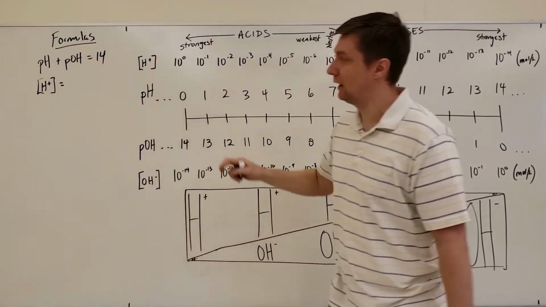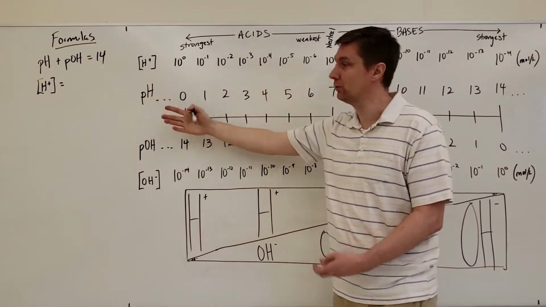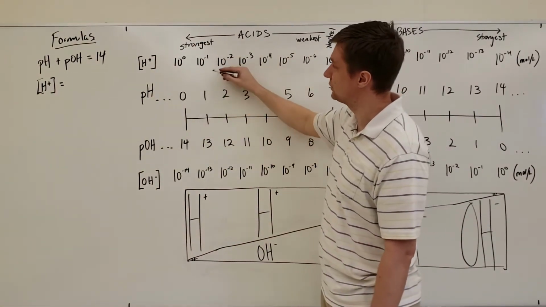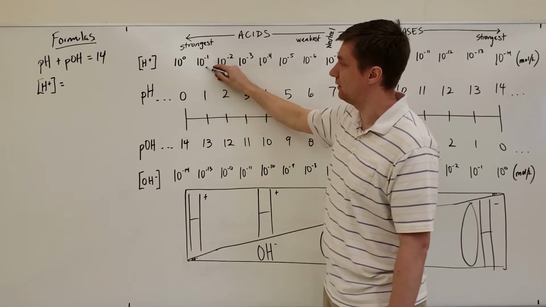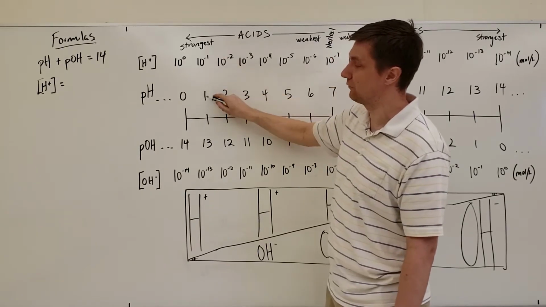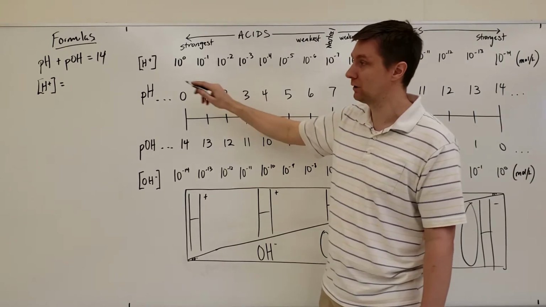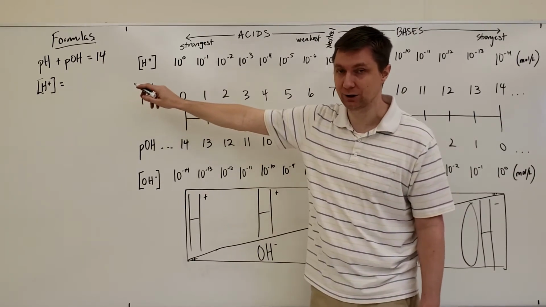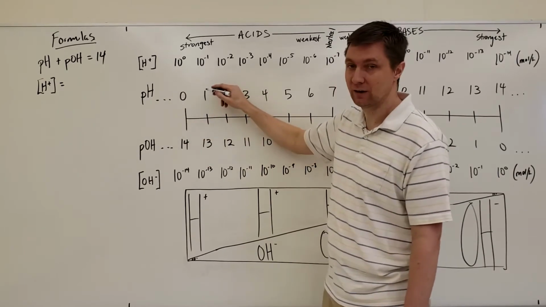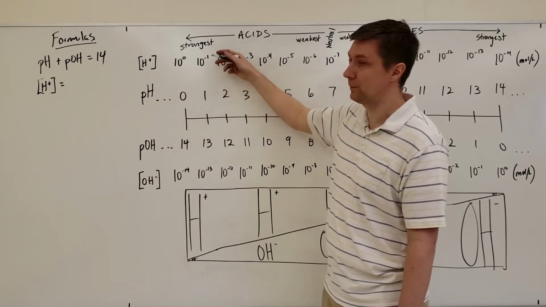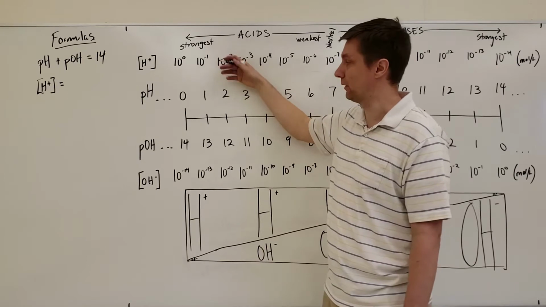So the hydrogen ion concentration is equal to, and if I take a look at this, this is just on base 10, and it's to the negative whatever the pH is. So if my pH is 1, and I want to calculate what the hydrogen ion concentration is, then I just take my pH value and I put it on base 10 as a negative exponent.